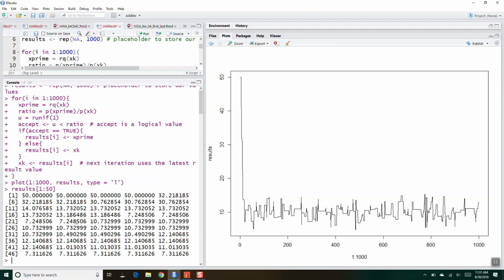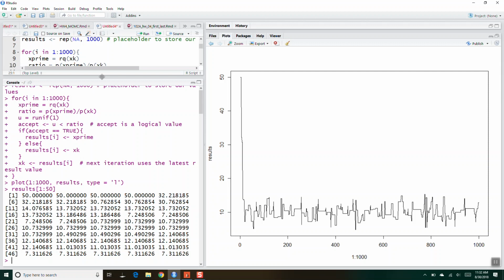It says if you let it run long enough, it will work. But we're going to have to let it run a long time because it's going to be rejecting a lot of values, right? Does that make sense? What's going on?